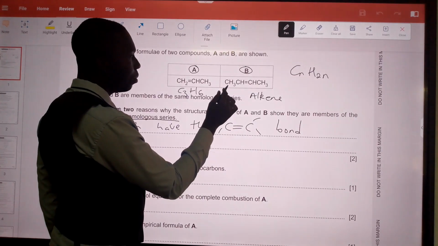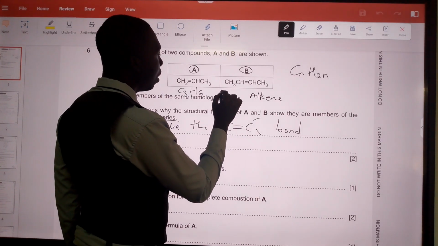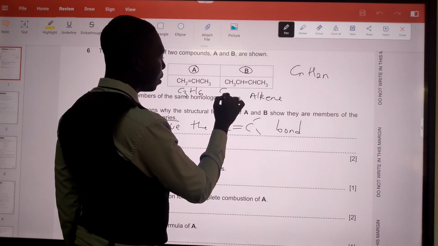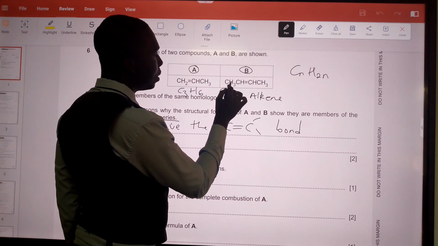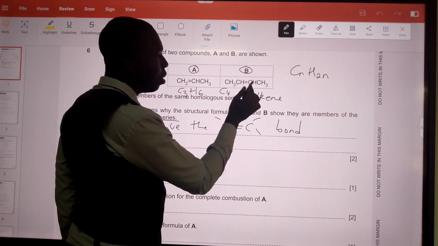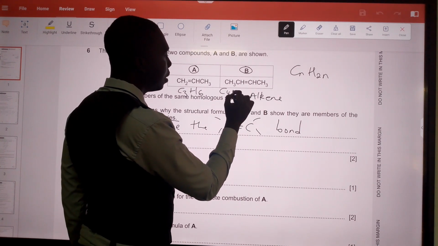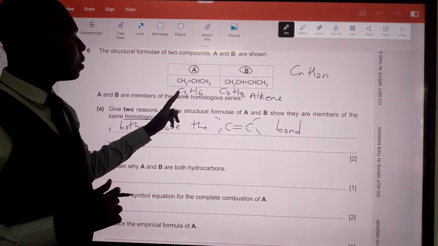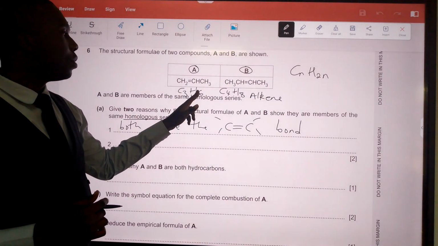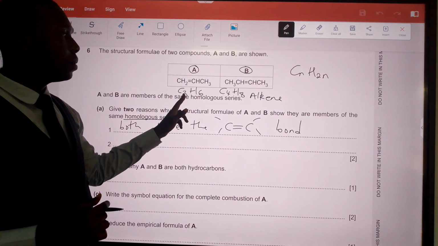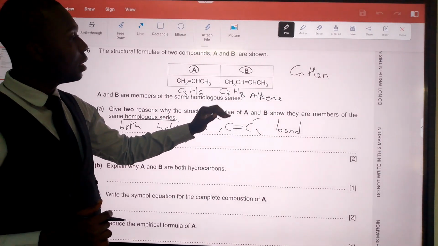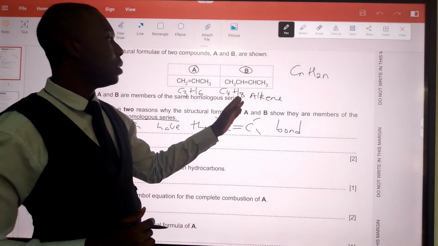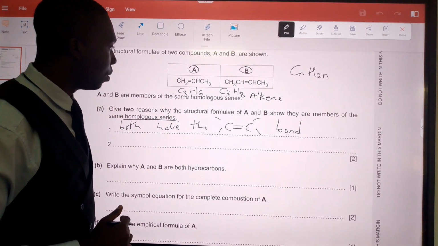For this one, we have 4 carbon atoms, so C4. Hydrogen is 3 plus 1 is 4, plus 1 is 5, plus 3, it becomes 8. So in both cases, C3H6 and C4H8, the number of hydrogens is double the number of carbon atoms.